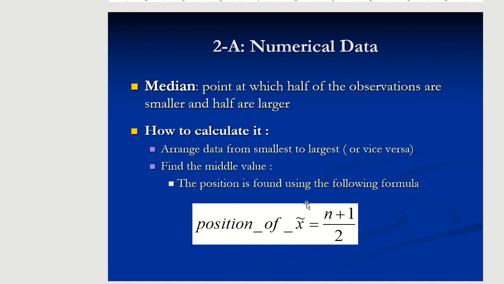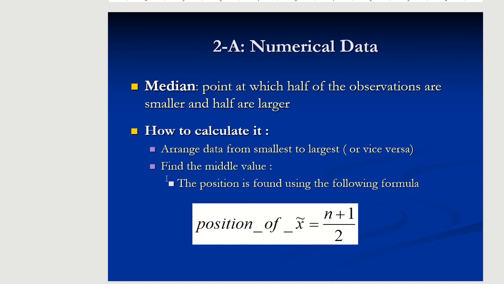And what we have here is not the formula to calculate the median, it's the formula to find the position of the median. And in the sample, we write it as x bar with this thingy right there. So the position of the median is the number of observations plus 1 divided by 2, which will give you the position of the median, not the value of the median.